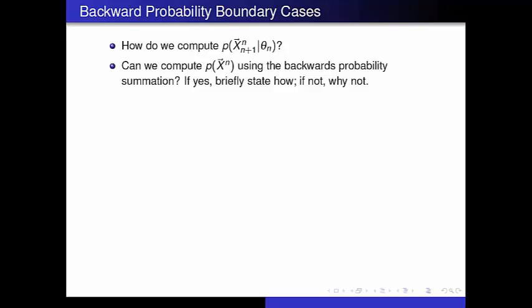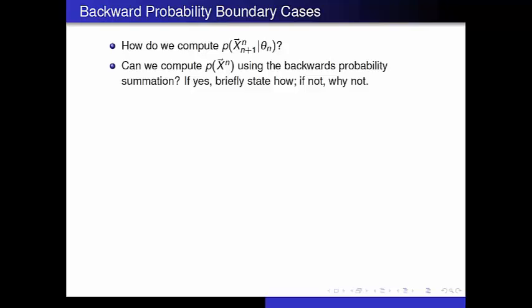Questions about what you're being asked here? Another way of phrasing this first part would be, how do you begin the backward probability computation? If we had the backward probability at t equals n, then you know how to compute it for all previous values of t.